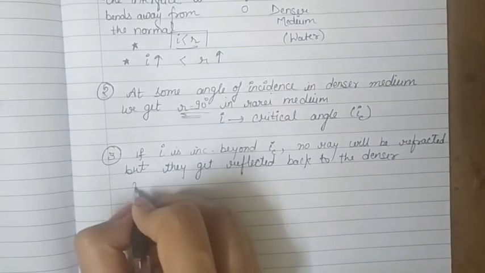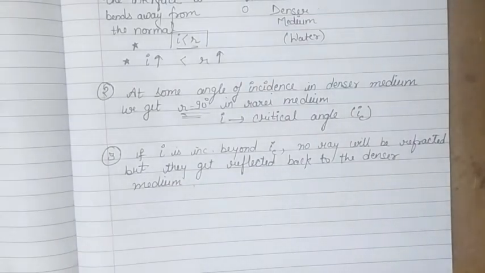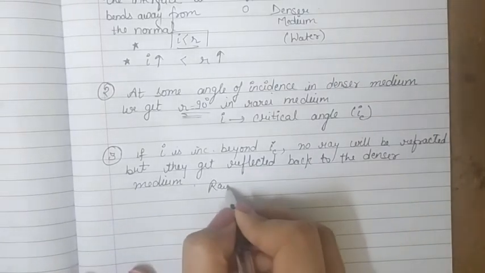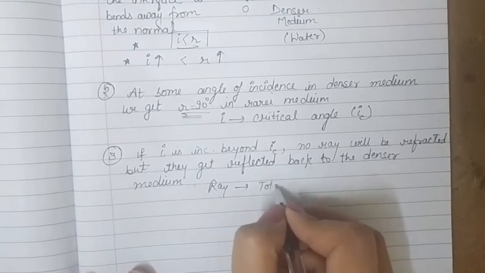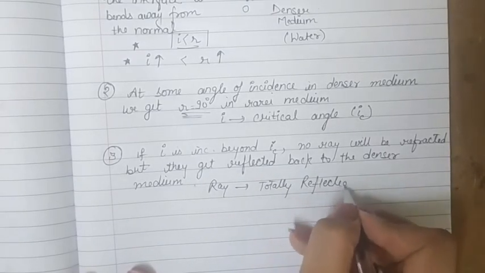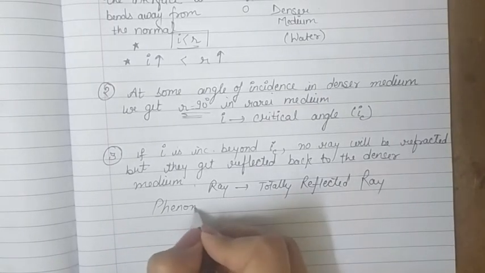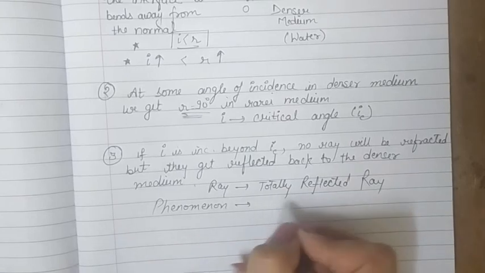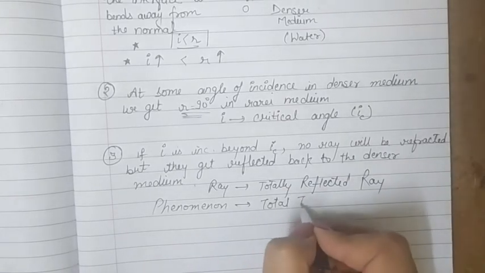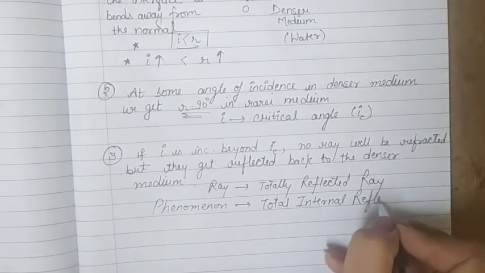Right? So such a situation in which rays are coming back to the denser medium instead of undergoing refraction, that ray is called totally reflected ray, and the phenomena is called total internal reflection or TIR.